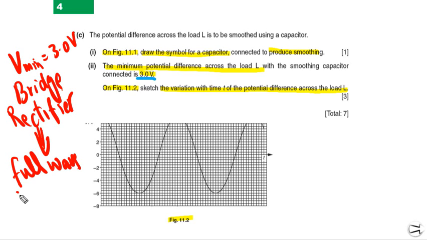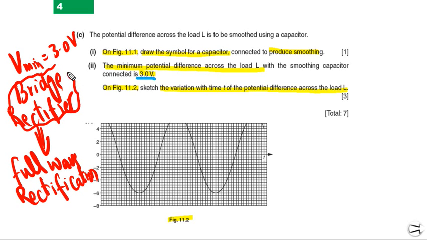Full wave rectification. This is a very important point. Often students get confused about what to do with this, because this question is all about the bridge rectifier. So, bridge rectifier, full wave rectification. Based on these points, we can answer this question.